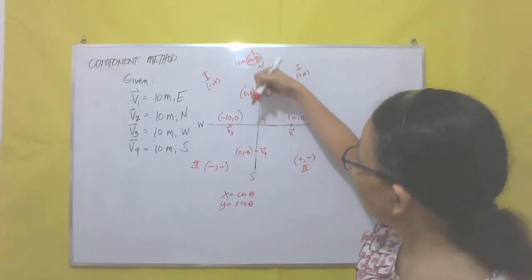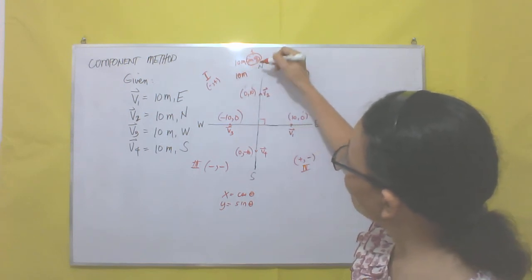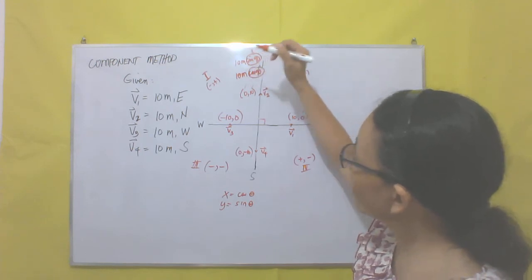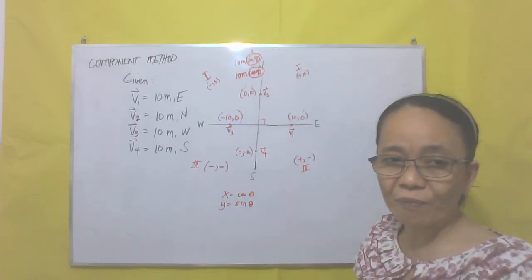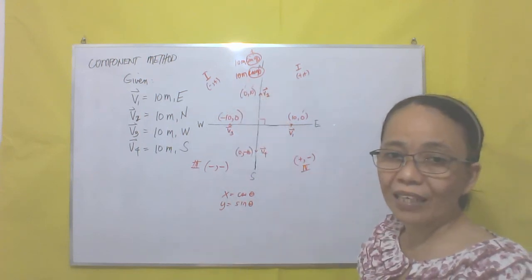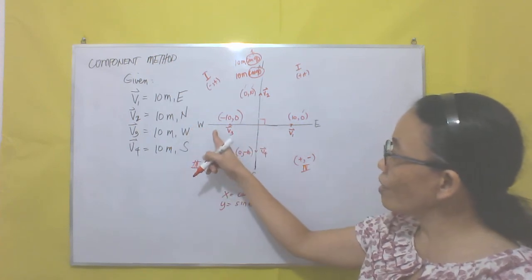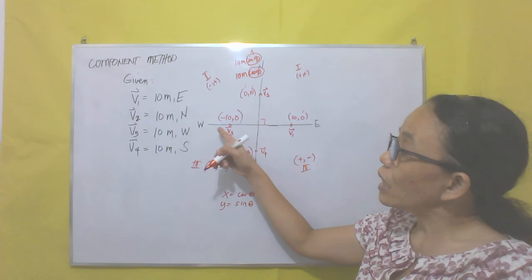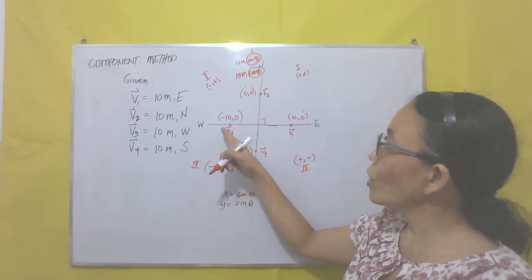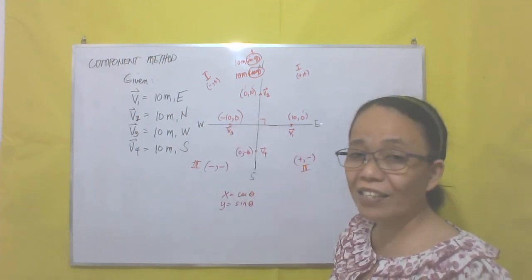Next, again for the x component, 10 meters multiplied by cosine 90. Cosine 90 is 0, so 0 times 10 is 0. Okay, next, for v3, we have a negative x component. So we have negative 10 times cosine 0.